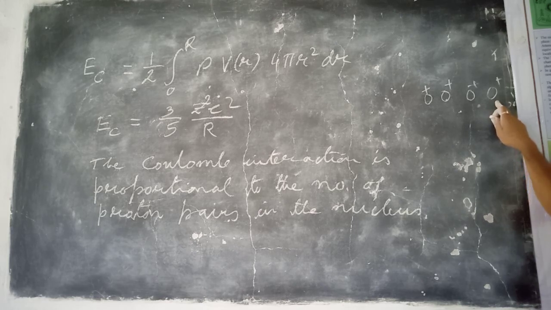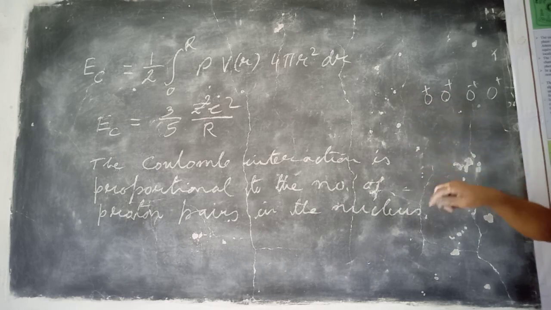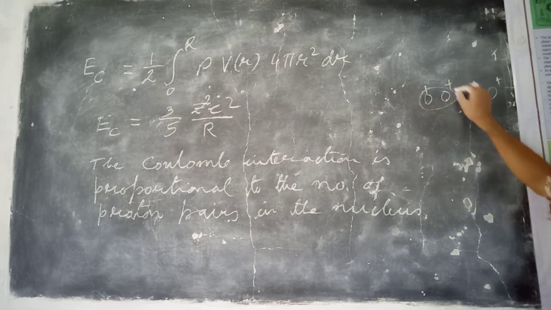It's a long range, infinitely long range Coulomb potential. So the Coulomb interaction is proportional to the number of pairs.